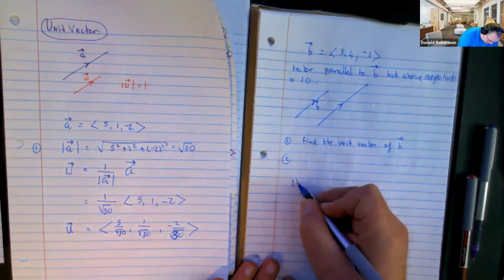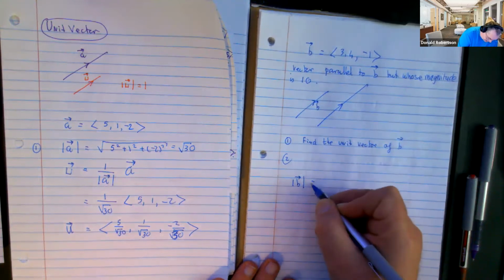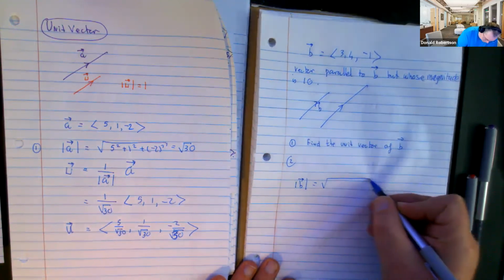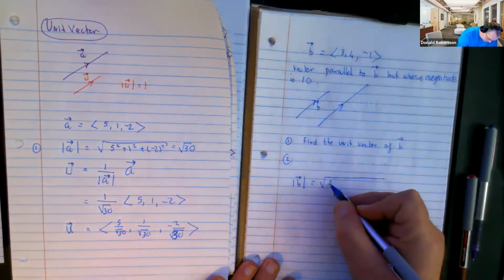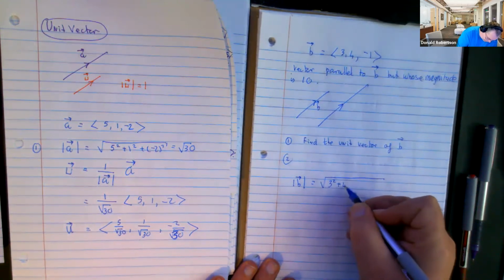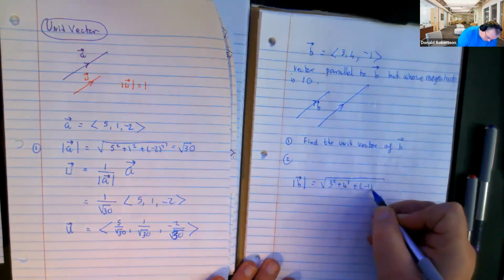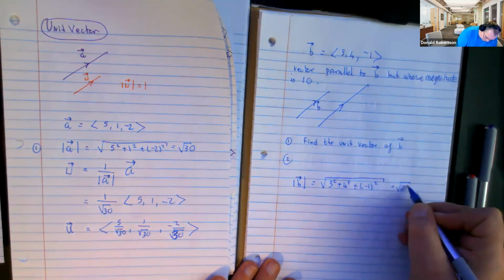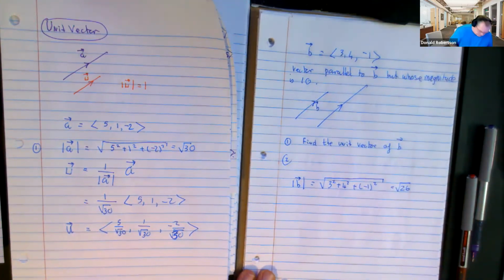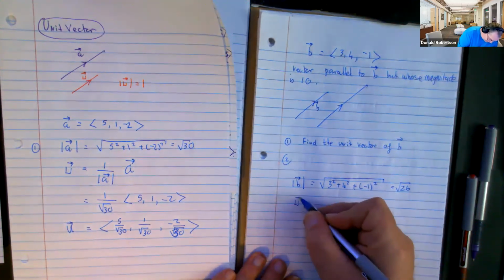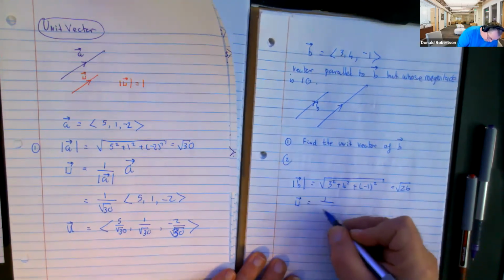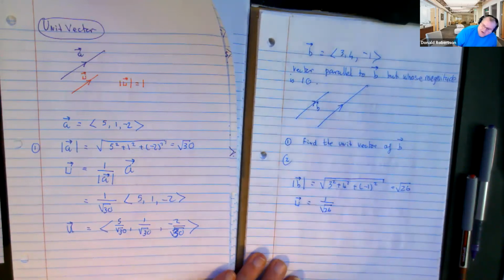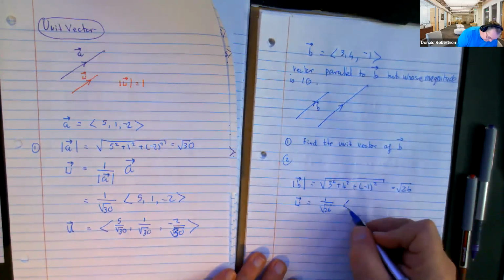Well, if I want to find the magnitude of vector B, it's the square root of 3 squared plus 4 squared plus -1 squared. So that's square root of 26. So the unit vector would be 1 over square root of 26. That's what makes it a unit vector of this guy.